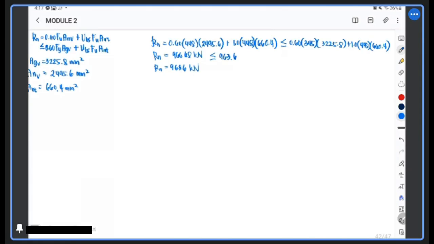Now we can compute the block shear strength in LRFD and ASD. So phi Rn is the block shear design strength.